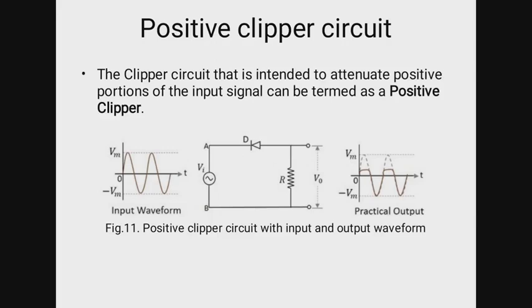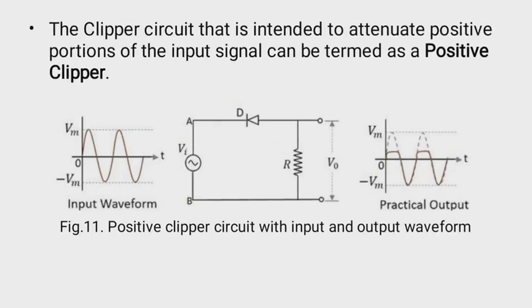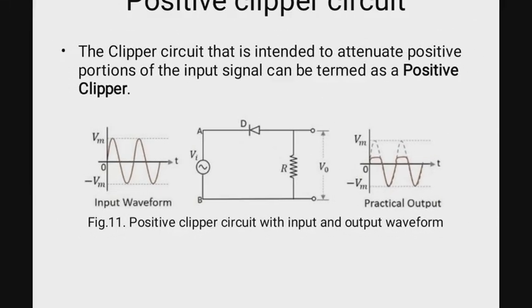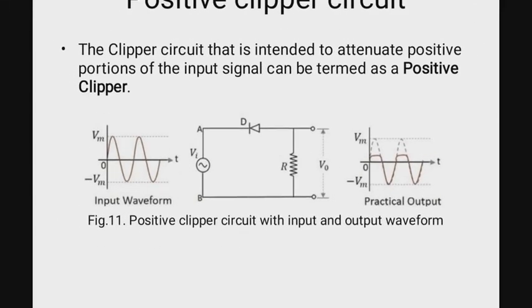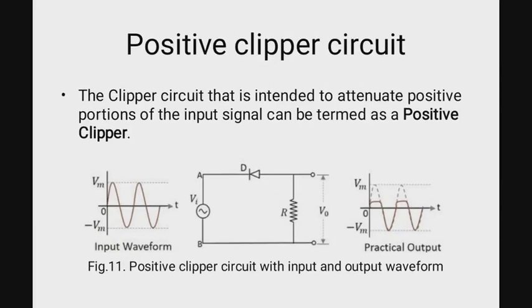During the positive half cycle, from 0 to Vm, the maximum peak, the upper portion is positive and the lower portion is negative. That means the N terminal of the diode is connected to the positive polarity of the external signal voltage, and the P terminal is connected to the negative polarity.